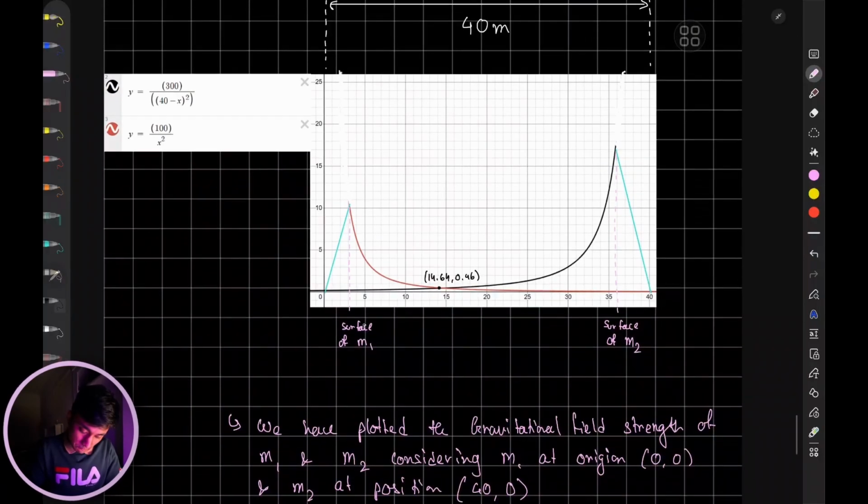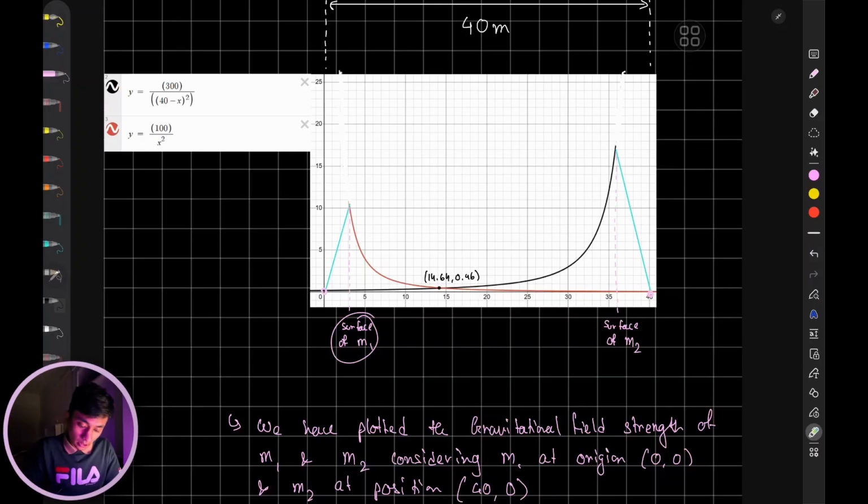So my point is, you have this M1. This is the surface of M1, and this is the center of M1, positioned right at 0, 0. And then you have the surface of M2 and the center of M2 positioned right at 40. So on the coordinate system, I've placed M1 on 0, 0 and M2 on 40, 0.